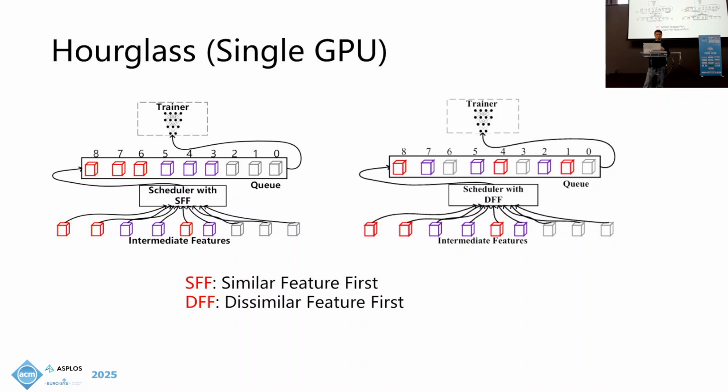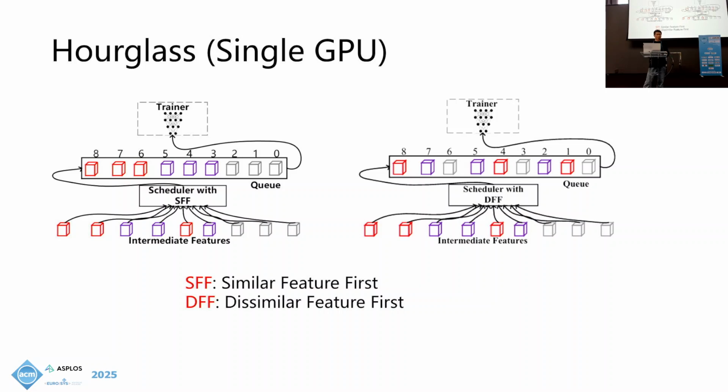We propose two intermediate feature scheduler strategies, named similar feature first and dissimilar feature first. For SFF, like the left image, we make similar features closer, and then follow that order to train the server-side model.